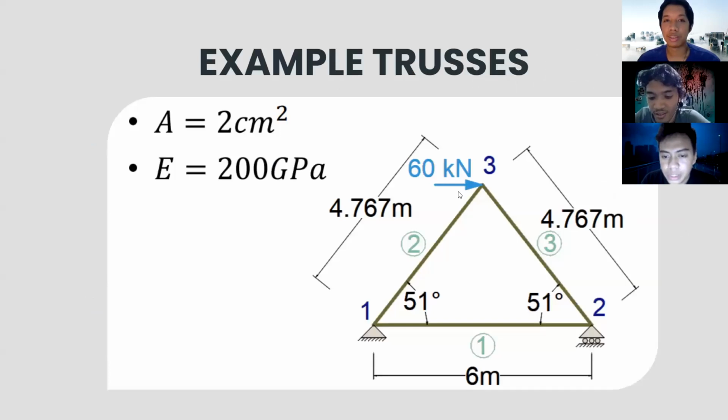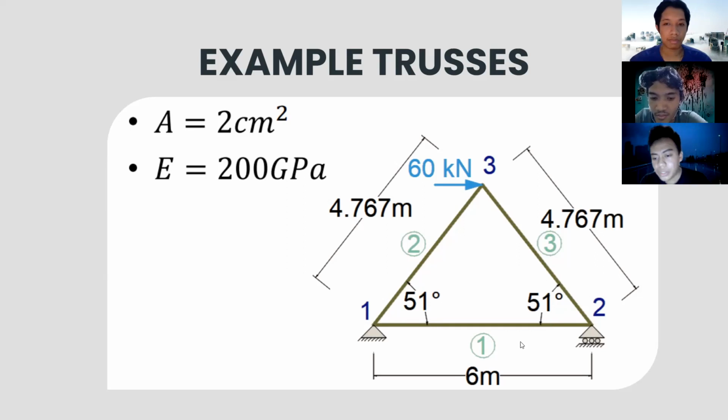So we are going to analyze these trusses. These trusses have 3 beams with 2 fixed pins, and the force is 60 kilonewton. The length between point 1 and 3 is 4.767 meter.